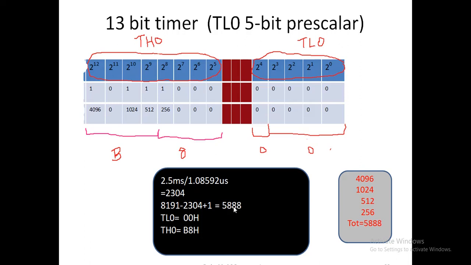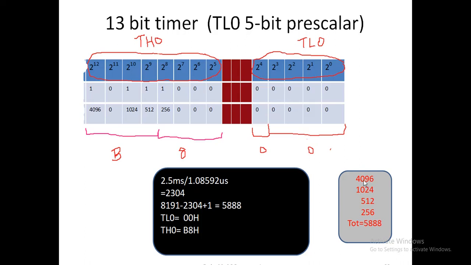You convert this into hexadecimal, 5888. With the help of the 2 power values you calculate, you add them, and you get 5888. That is very important. According to that you distribute the weight over here.